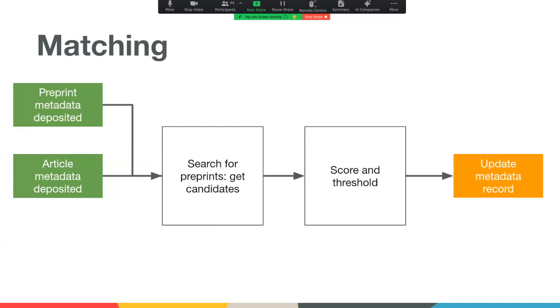And then we look at those candidates, we score them in some way, we threshold them, and then we can directly update the metadata record, saying we as CrossRef think that this article matches this preprint. We can inform the preprint member, we can inform the member who deposited the article, and they can say yes or no, and have a feedback mechanism to update those matches if necessary.